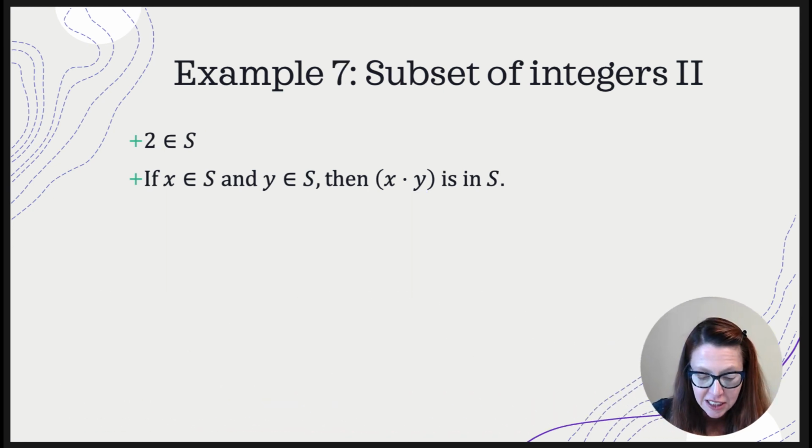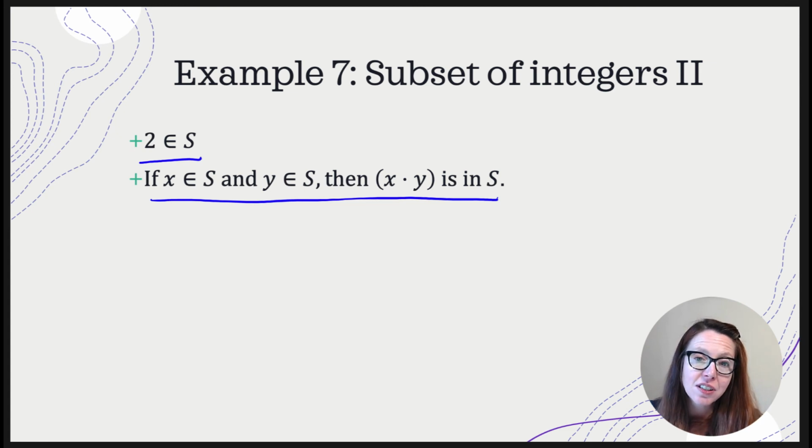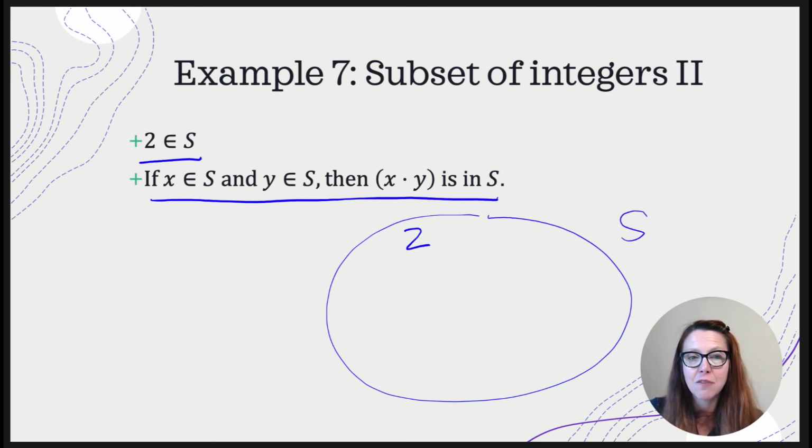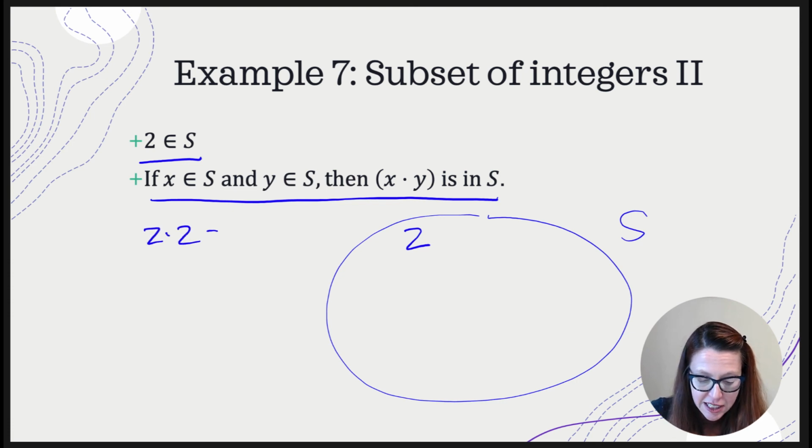How about this one? Now we're going to keep the base the same, but the recursive step is different. And so we'll create our set S. We're going to start with the same base, but this time, if we have two elements in the set, then the product of those elements is in there. Since 2 is in there, that means 2 times 2 is there, and that's 4.